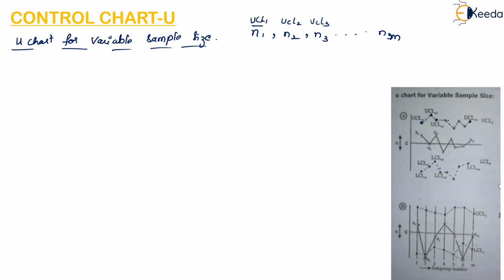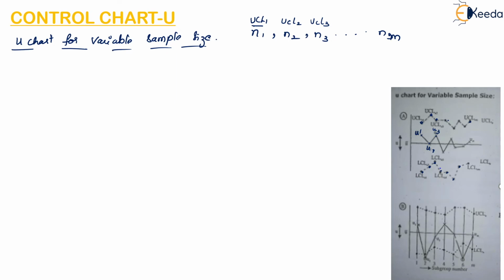Now the U values are found differently. So the U values or the points are marked on the chart. Here we can see that the U values for these corresponding sample sizes, that is U1, U2, U3, are within the control limit. The lower control limit also, for each sample size, will be different.